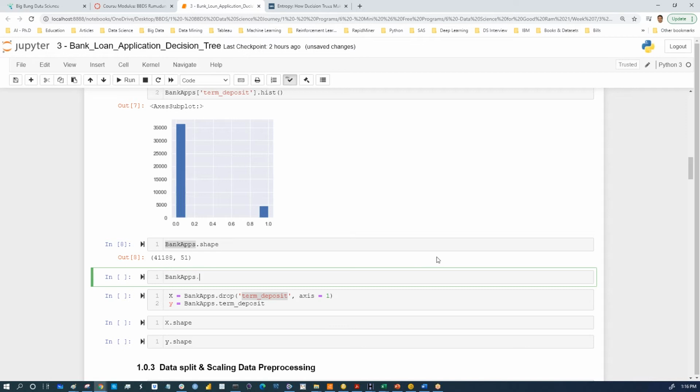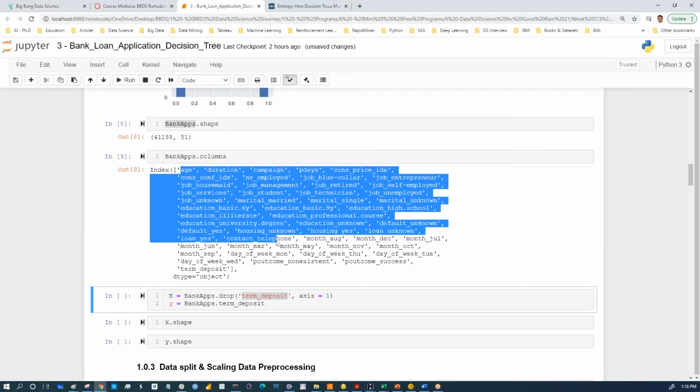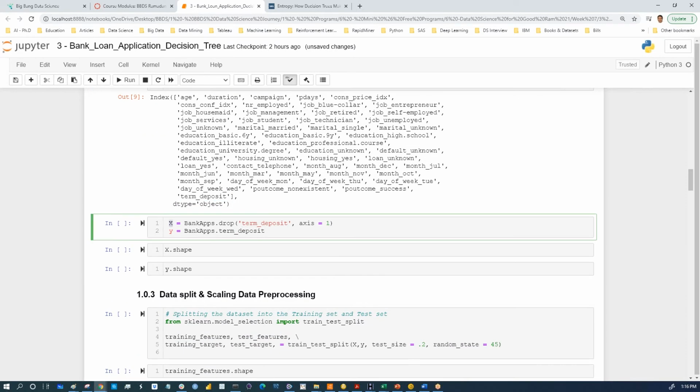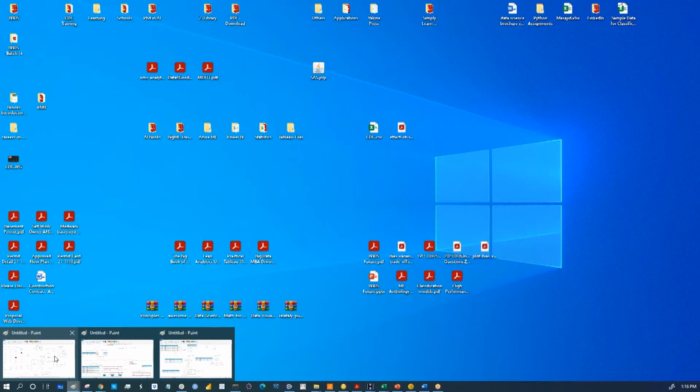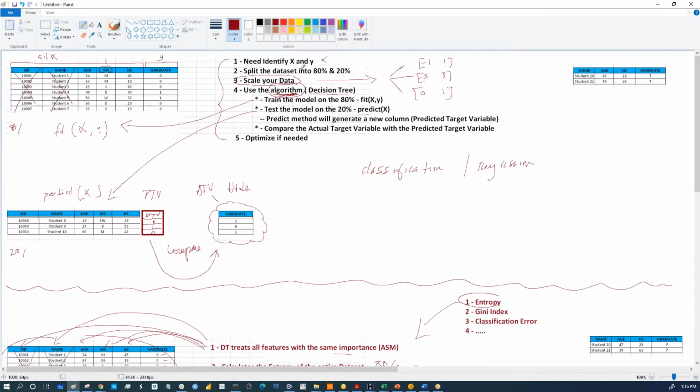So we are going to use all features except the target variable. That is X. And the Y is only the target variable. That is a requirement, so you have to identify X and Y. That is what we did here.